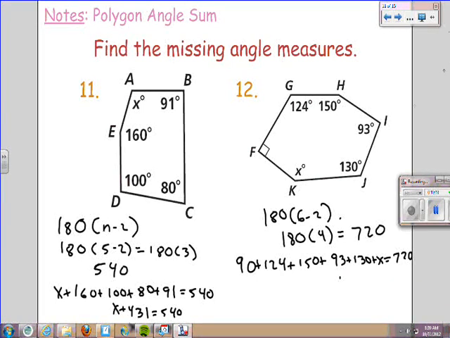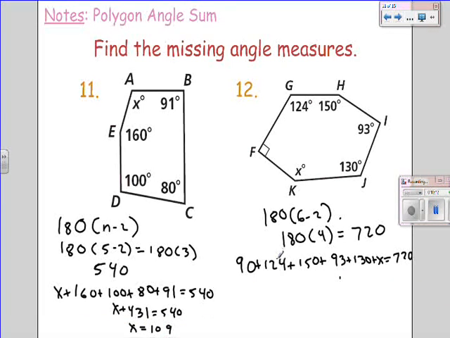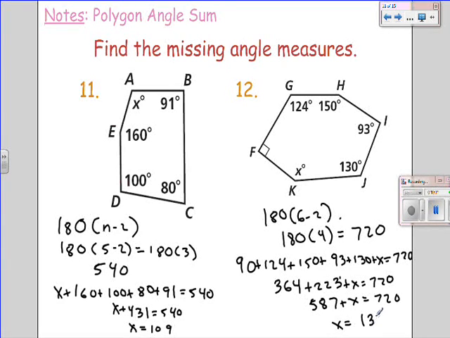Okay, let's keep it going. 90 plus 124 plus 150, that's 274, 364, plus 223 plus x equals 720. This is going to be 587. Subtract that from both sides. You get x equals 133. And that's how you do those. Thank you for watching.